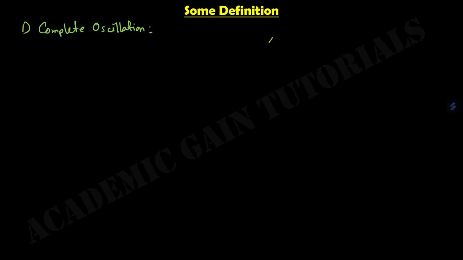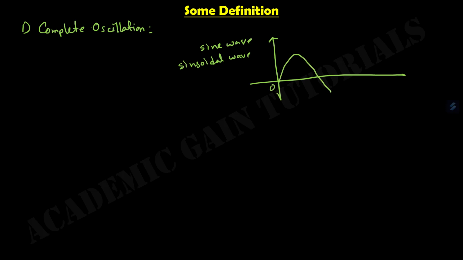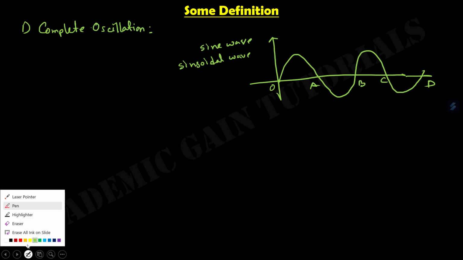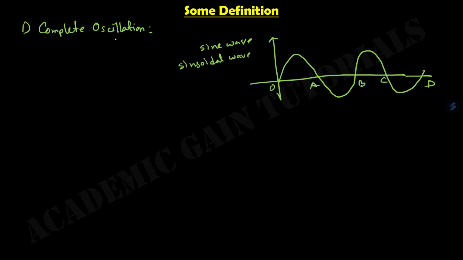Suppose we take an example of simple harmonic motion, a sine wave, or we can say a sinusoidal wave. This wave starts from this position O in that manner. We take some points O, A, B, C and D. Now, what does complete oscillation say?